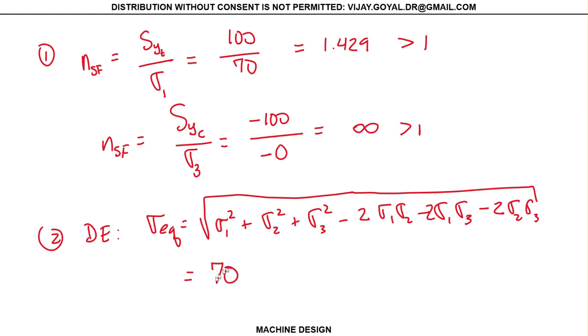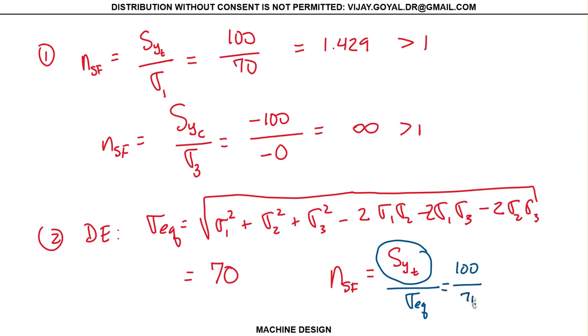Okay, so your factor of safety from here will be nothing else than sigma yield in tension, tensile. Remember, a distortion energy based on tensile theory. That's why I use tensile. Okay, sigma equivalent. So that gives me 100 divided by 70, and I get 1.429. So this is bigger than 1.